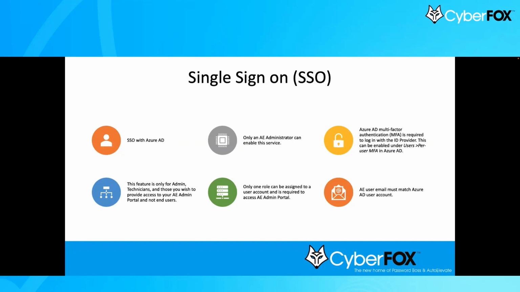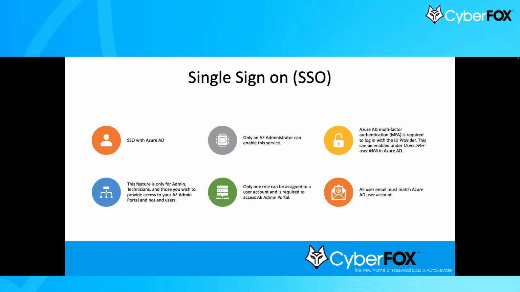It will require 2FA just like it does today, but you could use mixed mode, which would be: I have my techs authenticating with Azure, and I have co-managed authenticating with just regular AE accounts. The email addresses do at least need to match to make sure it's the right individual. MFA is required, so you have to have that turned on. And like I said, it's only for the technicians.